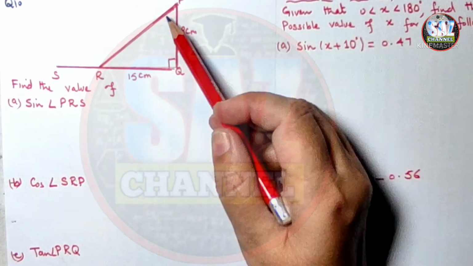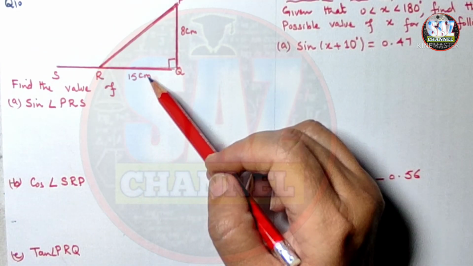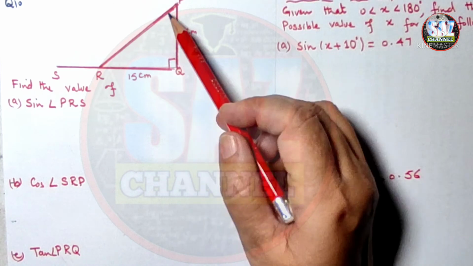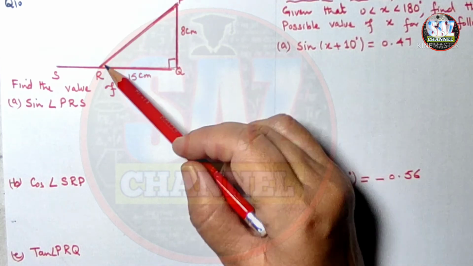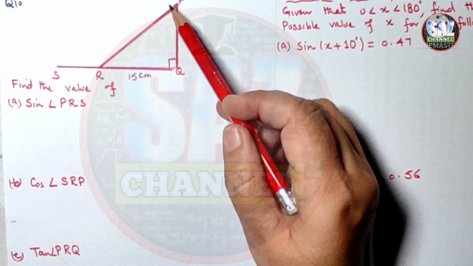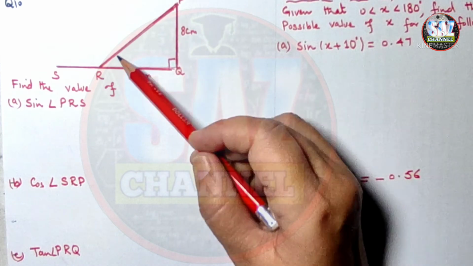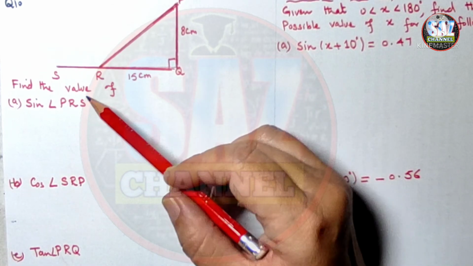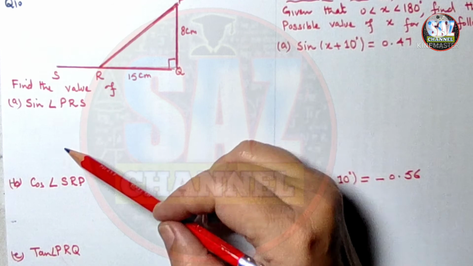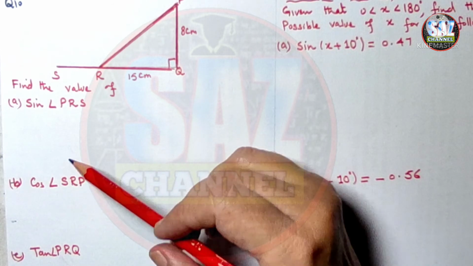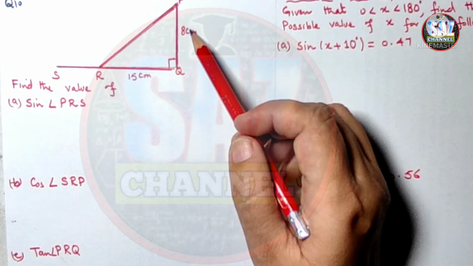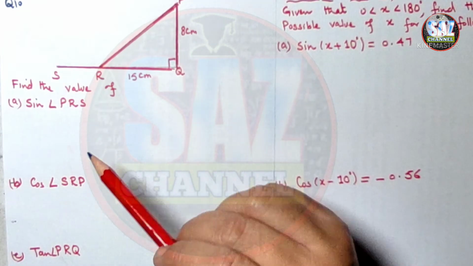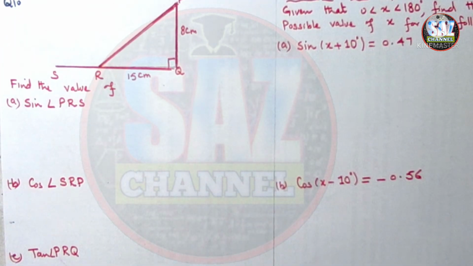If we look at the diagram, we can see that the hypotenuse of this triangle is missing. So first of all, we have to find the value of the hypotenuse, because the trigonometric ratios sine and cosine are the ratios of the opposite and adjacent to the hypotenuse. So first of all, we go for the calculation of the hypotenuse.